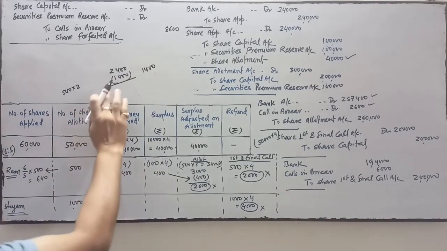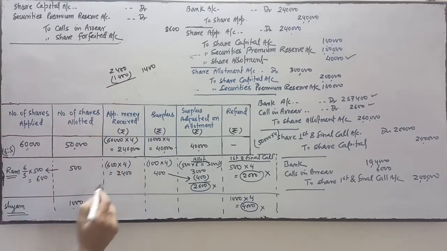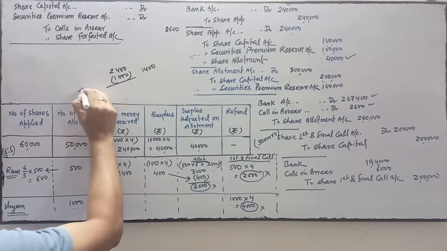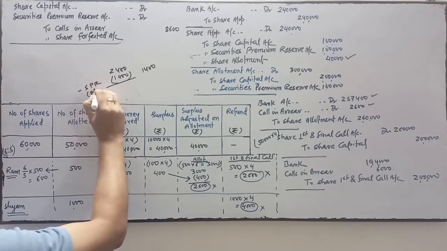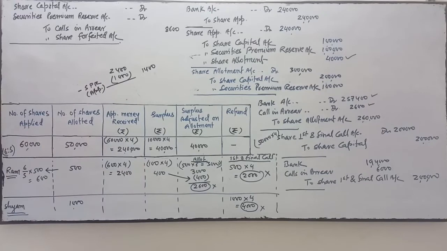So we have to deduct the securities premium reserve, 2400 minus the securities premium of application given by him. That will not be credited by us. Securities premium reserve is not going to be credited again in the name of share forfeited.